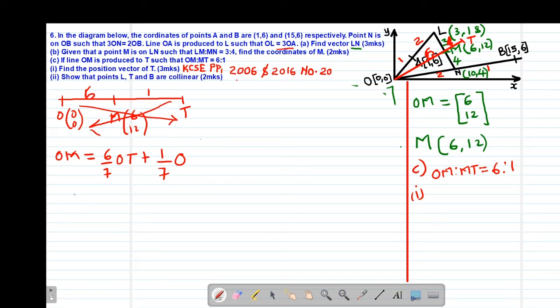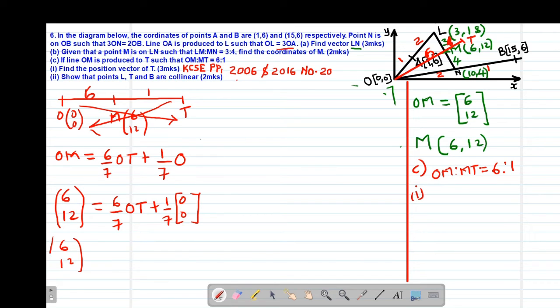So the coordinate of M, 6, 12, should be equal to 6 over 7 OT, where we don't have the coordinate for T, plus 1 over 7 of 0, 0, the origin. So 6, 12 equals 6 over 7 OT, and plus 1 over 7 times 0, you simply get 0, 0.